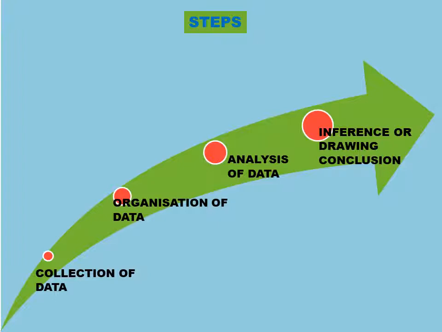Whatever you analyze from that data, you have to draw conclusions, find out the results, and take out the information about what the data is talking about. So these are the four steps to manage the data. First you collect the data, then you organize it, then you analyze it, and then you conclude what the data is about and what information we can get out of it.